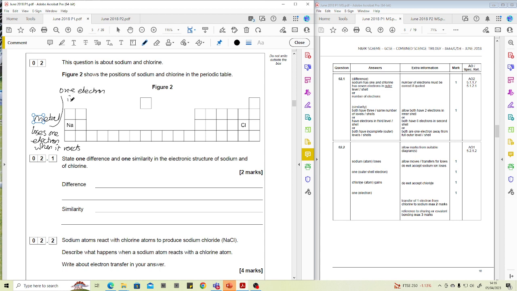and this is group 1, 2, 3, 4, 5, 6, 7. This is group 7. 7 electrons in the outer shell. Okay, and they are in the same period.